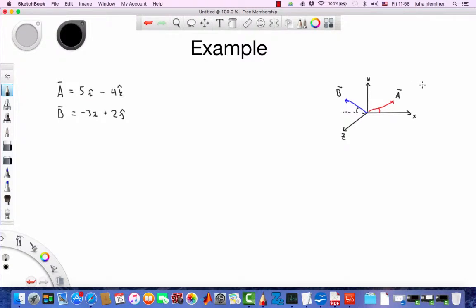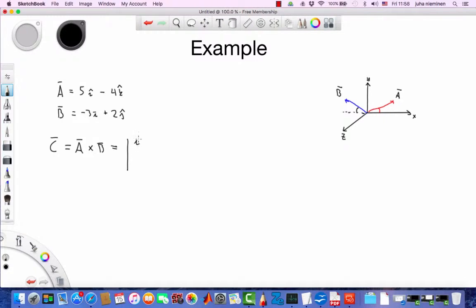And now we would like to calculate the cross product of this one. So let's go ahead and use the matrix form. So cross product of A and B is of course a vector C. And now let's build our matrix.